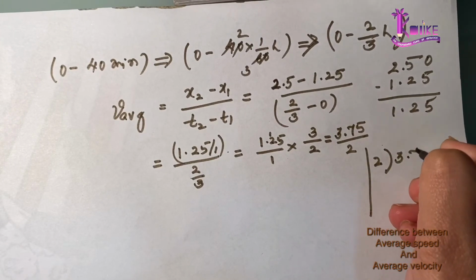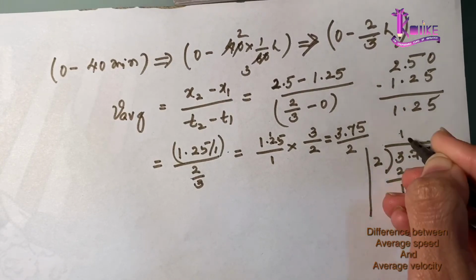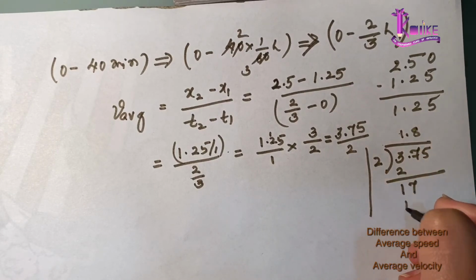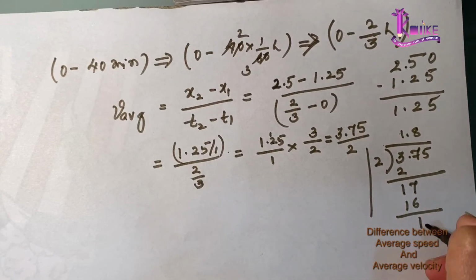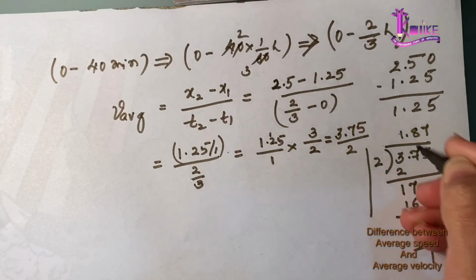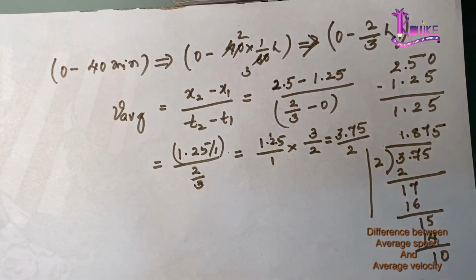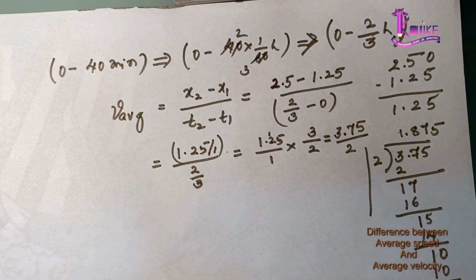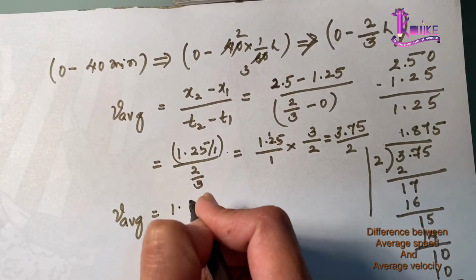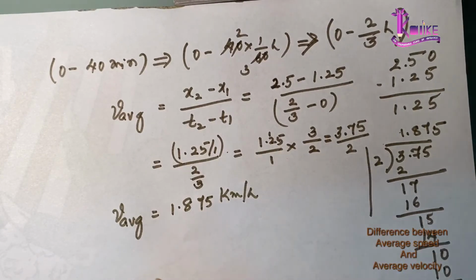So 3.75, 2 1s are 2, get 1, you keep the decimal point, you borrow 7, 2 8s are 16. So this will be 1.875. 2 7s are 14. You borrow a 0 from the decimal point. So 2 5s are 10. So that is the average velocity is 1.875 kilometer per hour.